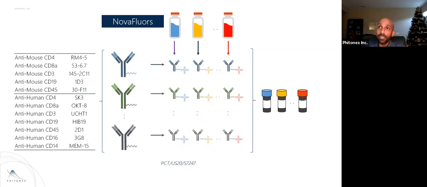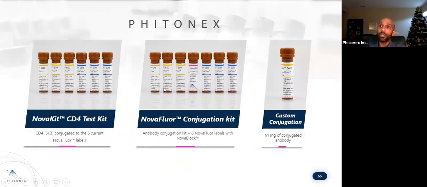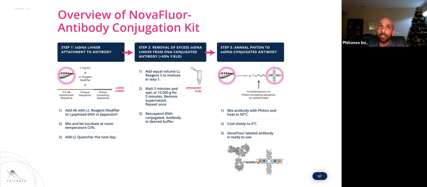So there is an option if we don't have your antibody and you don't want 500 micrograms of antibody, you could use one of our conjugation kits. Our conjugation kits allow you to attach your antibody of interest to any of our NovaFluor colors. And the process for that is pretty simple.